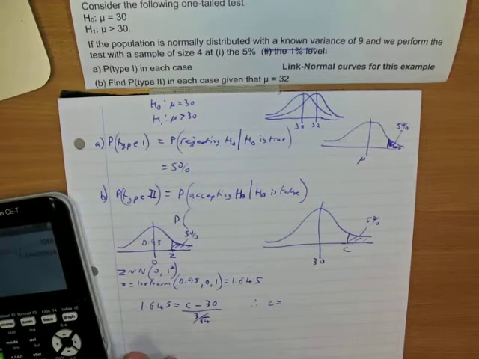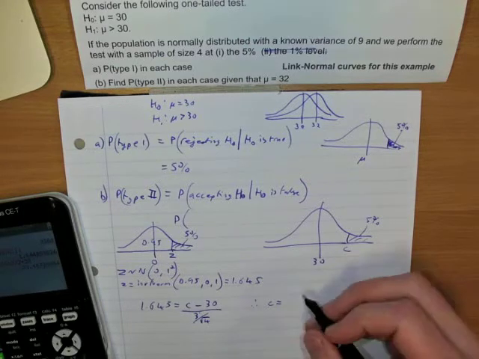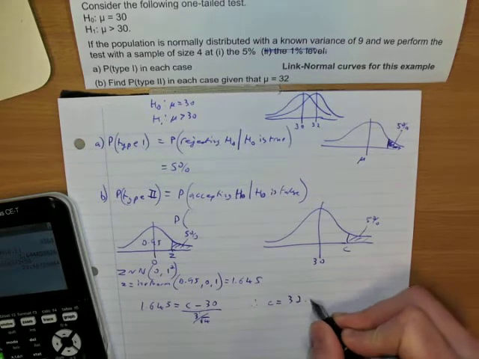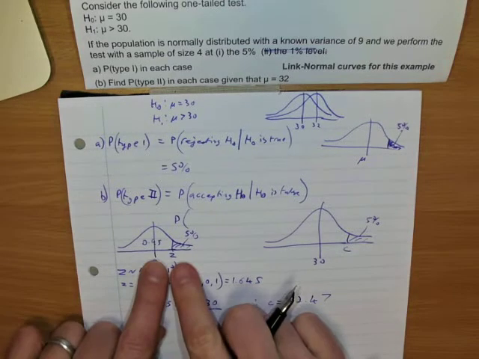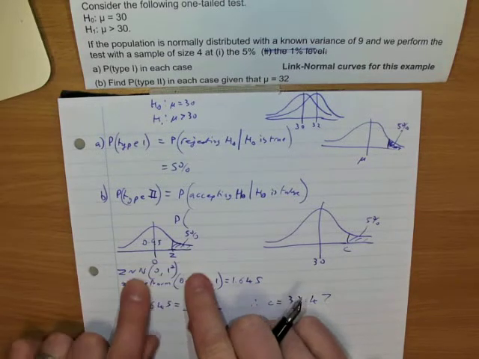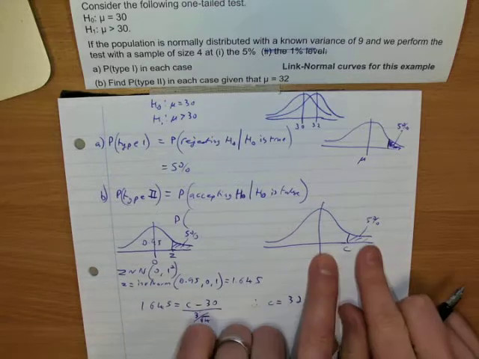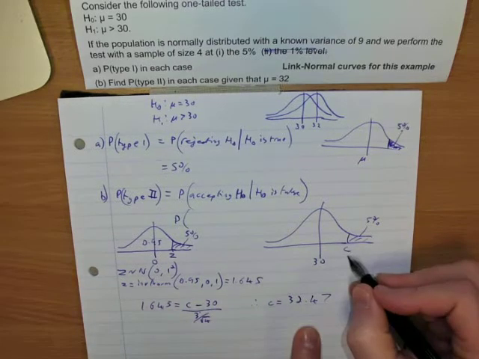1.645 times 3 over 2 plus 30. So we get a C value of 32.47. So we've taken our Z curve on standard normal and we've converted it back to the one we're working with to work out our critical value.